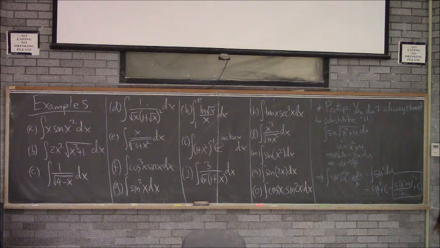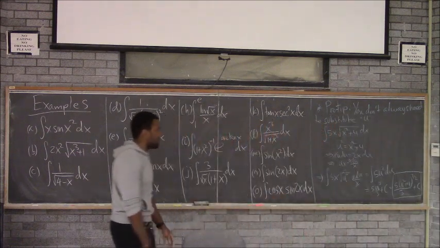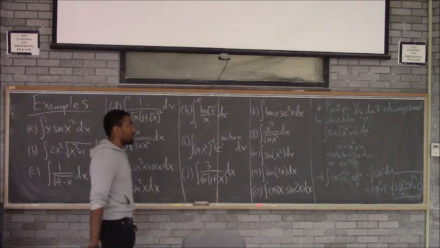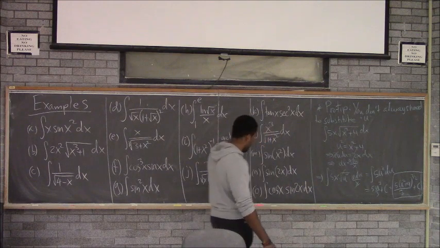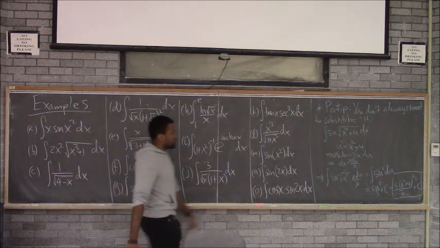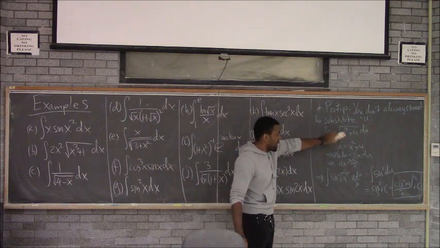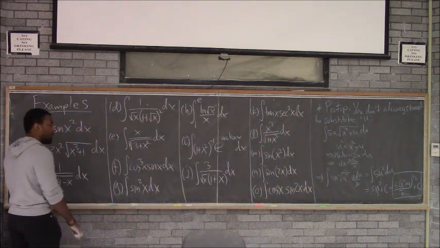So you can get a little bit creative with your substitutions. There's no reason why you have to substitute a single variable. In fact, in Calc 2, you'll learn this idea in trig substitution at the very minimum, where you see an expression like this, you might want to substitute something like x equals 2 tangent theta. Don't worry about it, that's Calc 2.